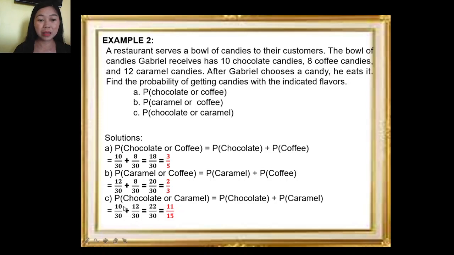So let's add 10 over 30 plus 12 over 30. It gives us 22 over 30, and then numerator and denominator are both divisible by 2. So the simplified answer is 11 over 15. So that's the answer for letter C.